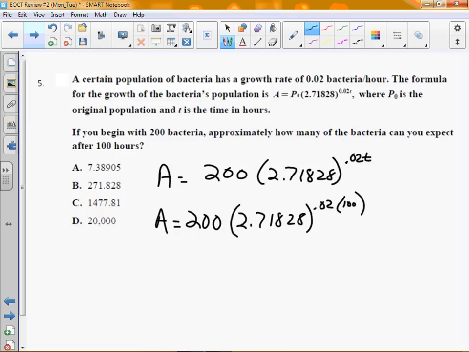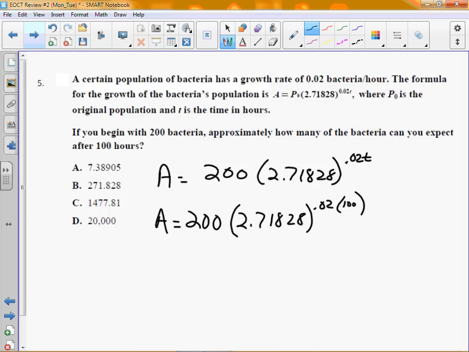So then you have 200 times 2.71828 to the second. Again, guys, depending on which calculator you have, some of you will have those small calculators. If you got those small little multiplying calculators and you have to get 2.71828 to the second power, you would have to do that first.